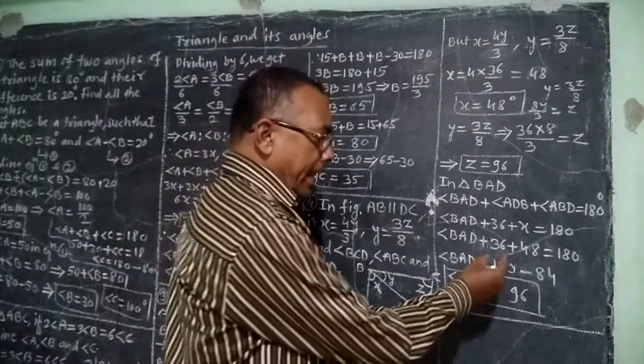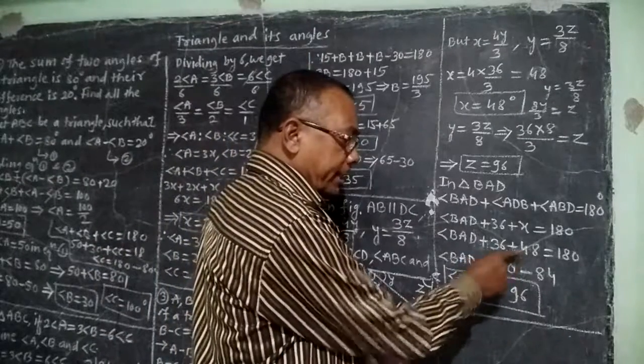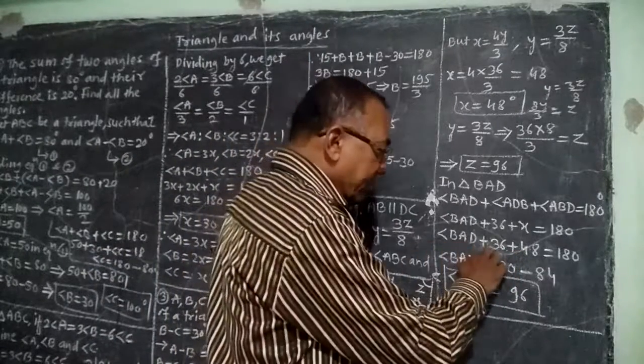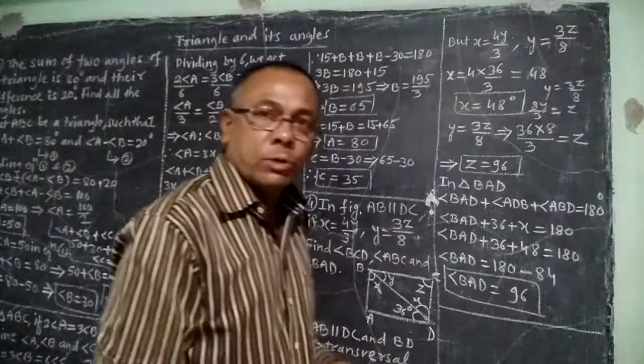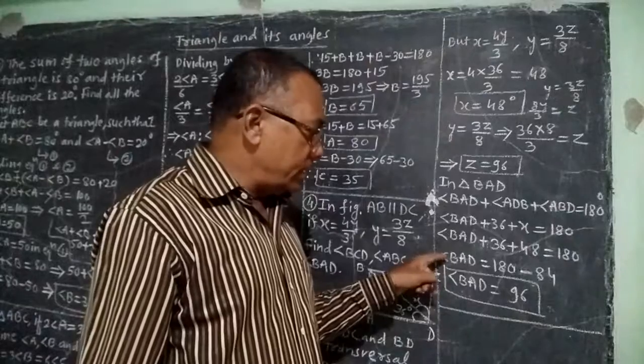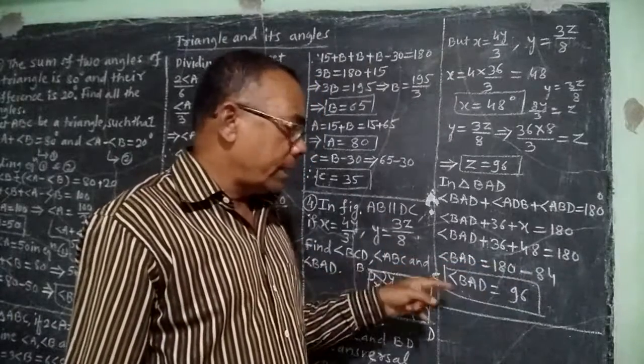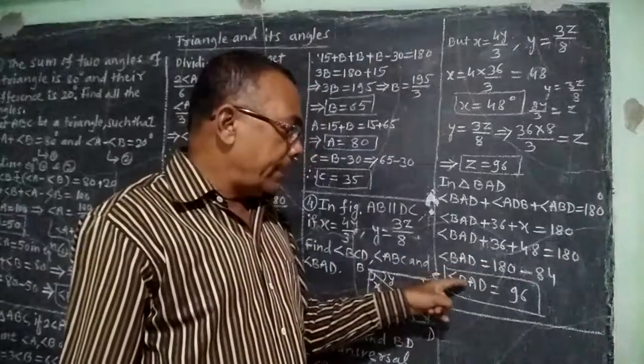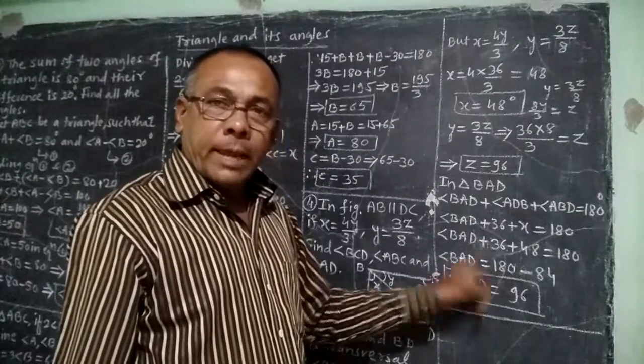Now if we add 36 plus 48, it will be 84, and 84 will go to the right hand side as minus 84, and therefore angle BAD is equal to 180 minus 84, and therefore angle BAD is equal to 96 degrees.